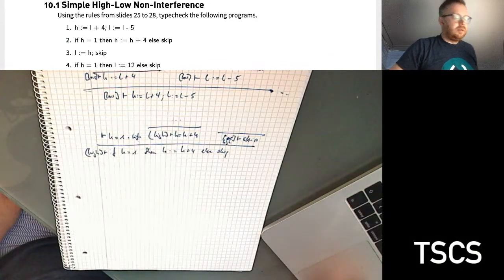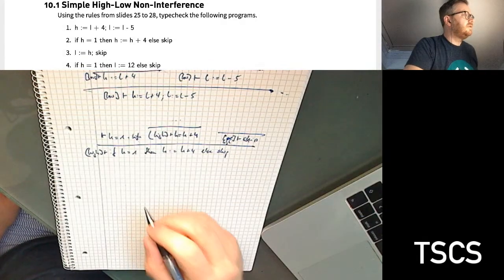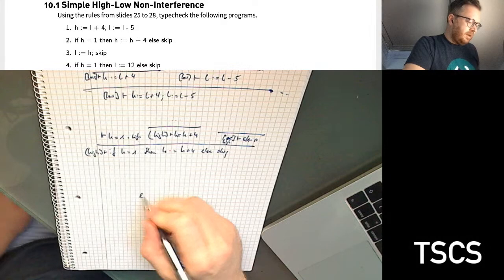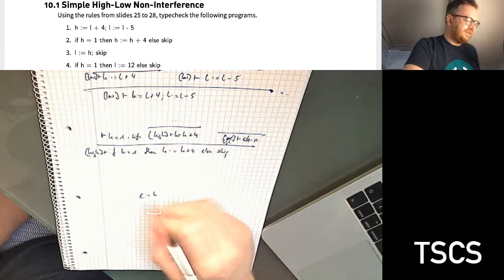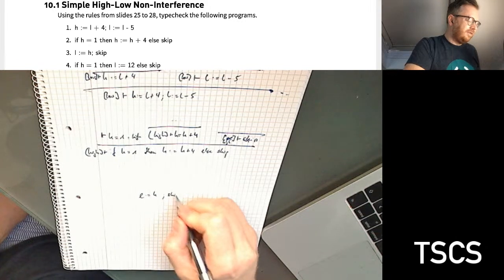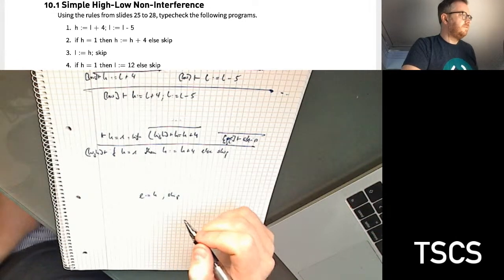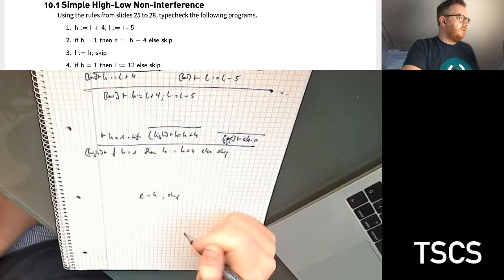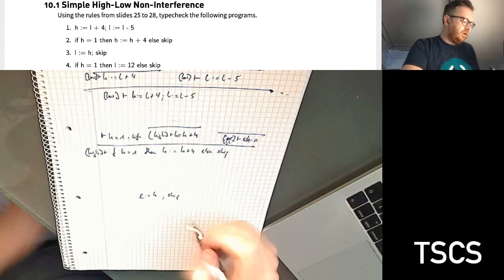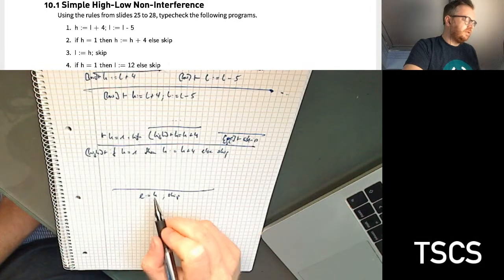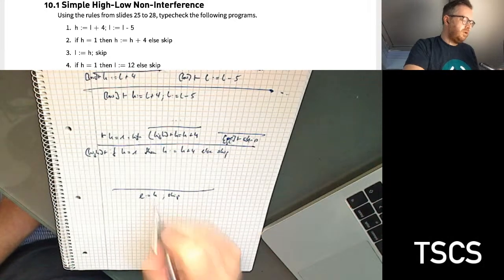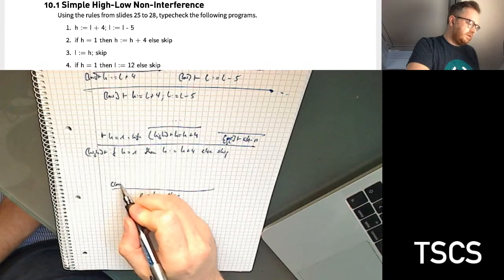So the third one is a very short one. It's L assigned to H, H assigned to L in this case, and then a skip. Good. In order to make this work, it's an assignment to low. Remember, assignments to low must be in the low context.